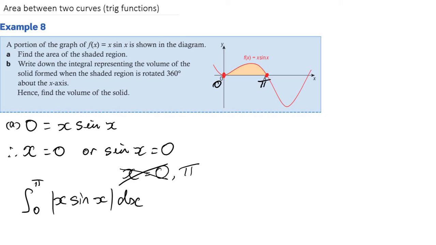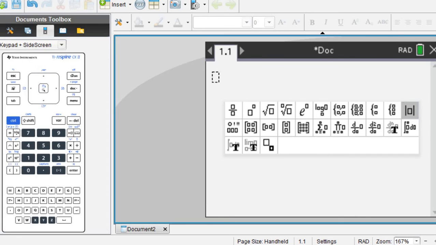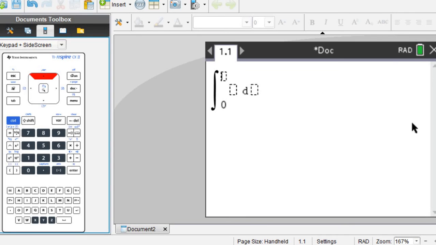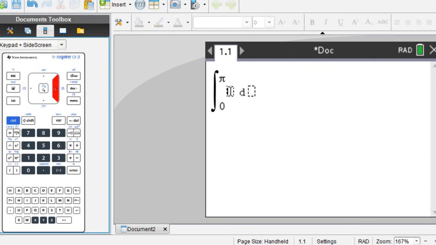Now, I'm not going to integrate that, we're just going to go straight to the GDC. It's that button there. Integral. We're going from 0 up to pi of x times sine x. I'm just going to type sine because I really don't like that trig menu.